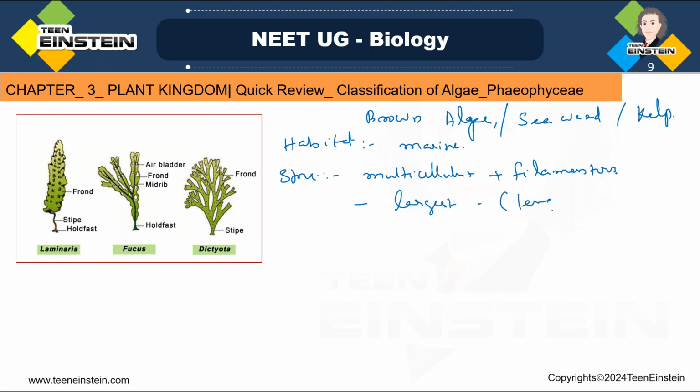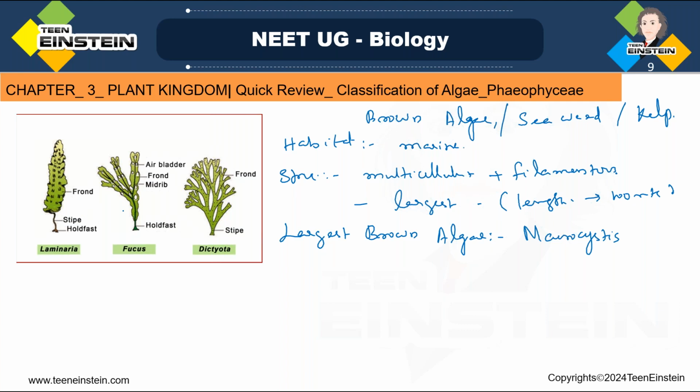Which is the largest brown algae? The largest brown algae is Macrocystis.